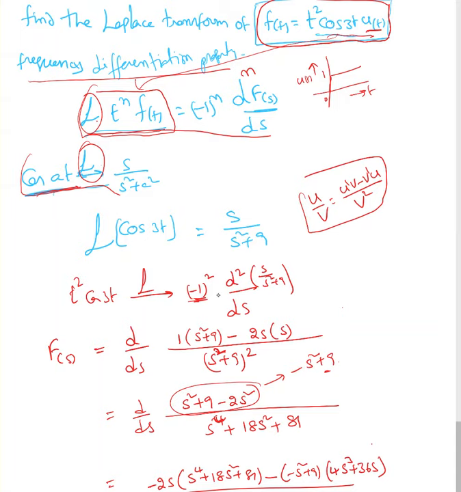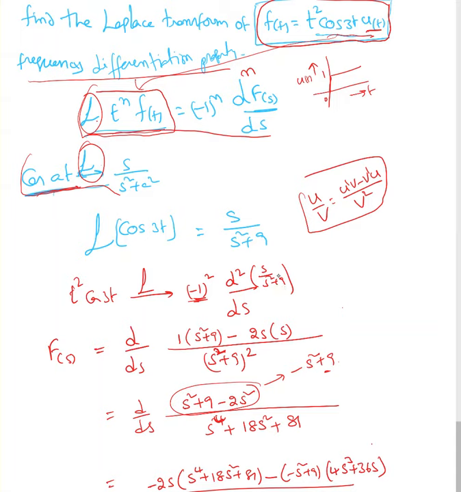I'm going to do the first differentiation. To differentiate s over s square plus 9, it looks like the u by v formula. The u by v formula is u prime v minus v prime u divided by v square.